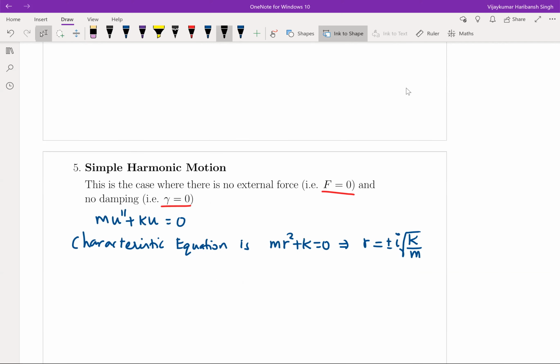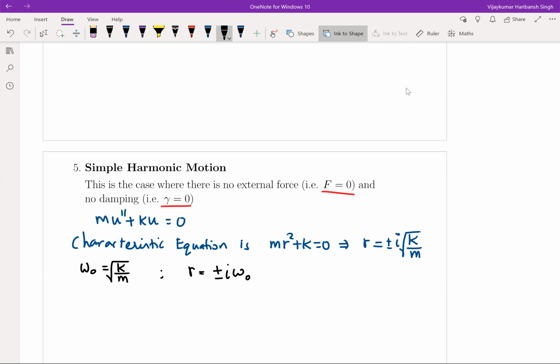Okay. So now, just for the sake of brevity, just to have a short representation, what are the solutions here? Let's write omega naught as square root of k by m. Then your r becomes plus or minus i omega naught.